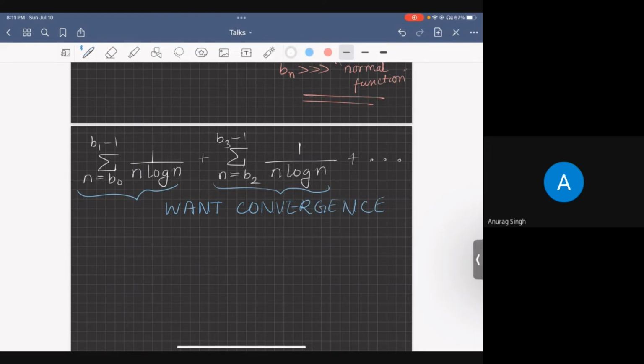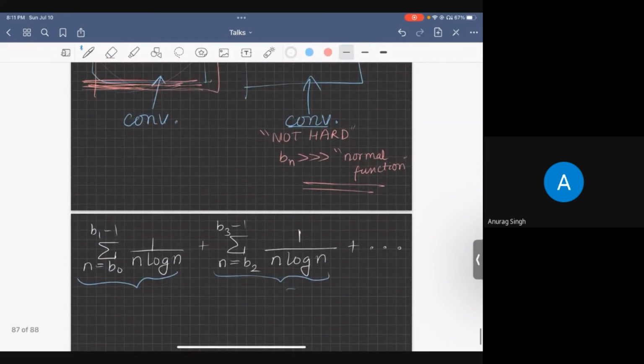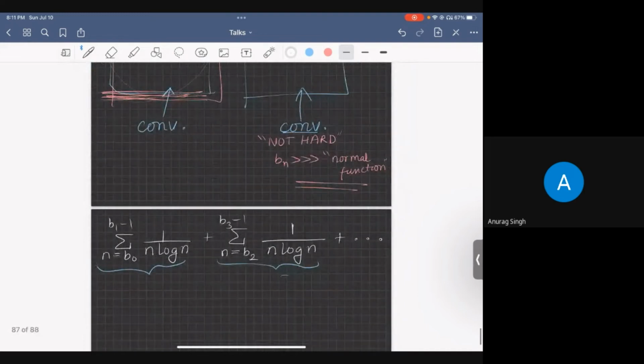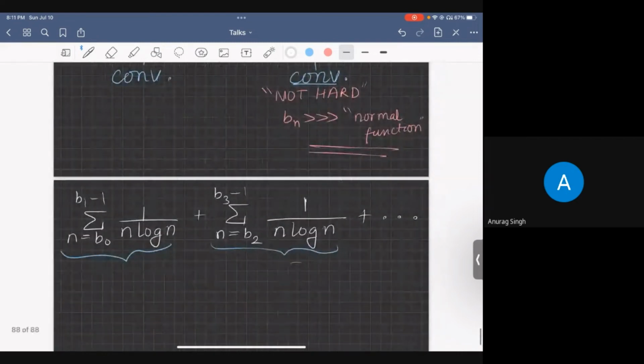Most of the terms are mapped to some terms of a convergent sequence. Sorry, can you say that once more? Yes, but now you again need to be more exact. I need a specific b not, b1.